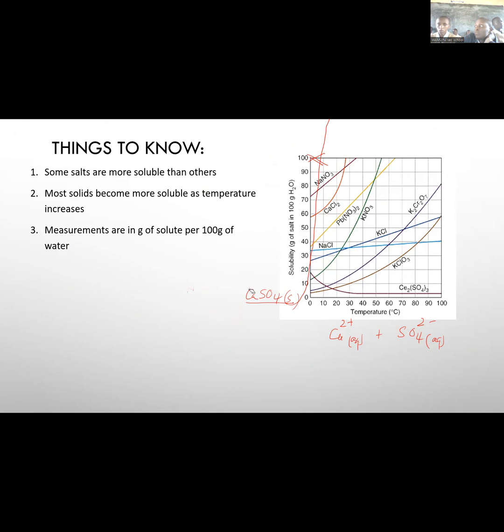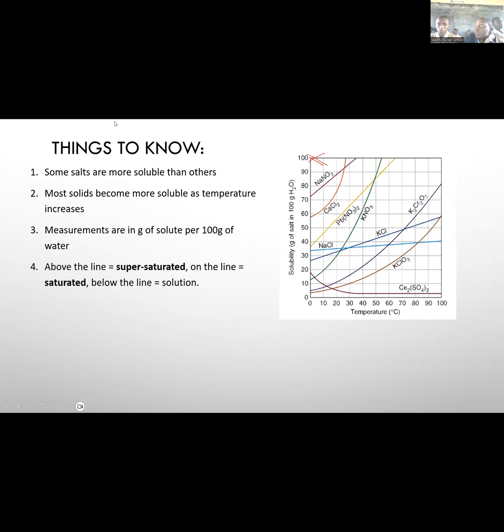Here are the things which you needed to know about solubility in general. Some are more soluble. Most solids become more soluble as temperature increases. I said most gases become less soluble. The measurements are always in grams of solute per 100 grams of water.